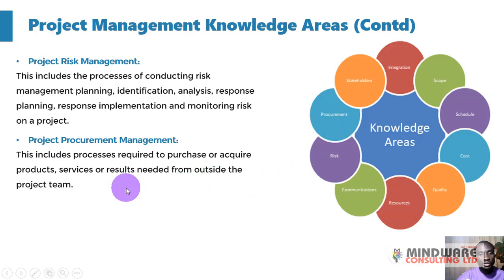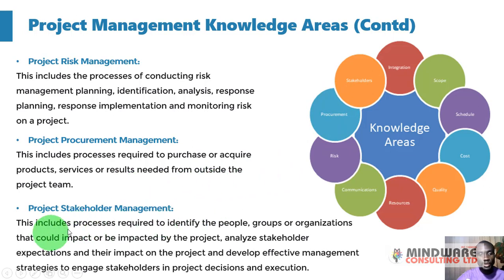Let's go to the last but not the least, which is stakeholder management. Now this includes processes required to identify the people, groups, or organizations that could impact or be impacted by the project, analyze stakeholder expectations and their impact on the project, and develop effective management strategies to engage stakeholders in project decisions and execution.